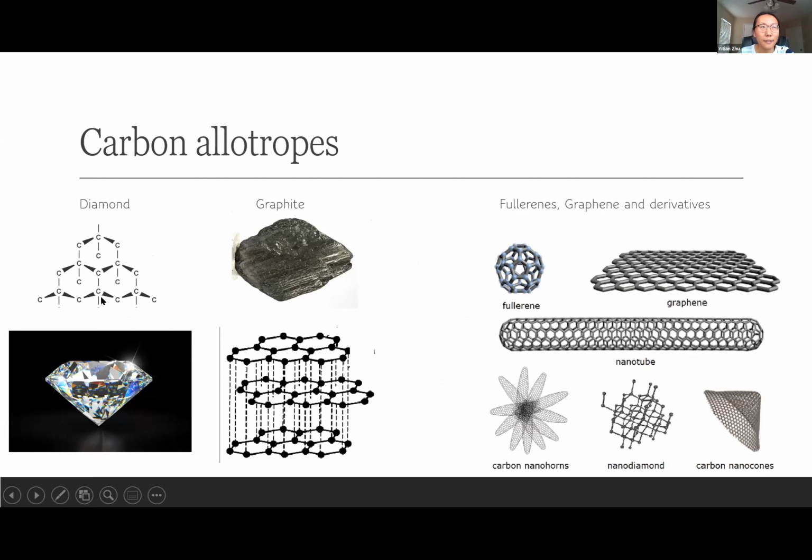Diamond is arranged where the carbons are bonded to each other in a huge network, and each carbon is bonded to 4 others. It's a really uniform network, and the bonds are really strong. That's why diamond is super hard. It also has a really uniform structure, which is why the diamond is such an organized crystal.